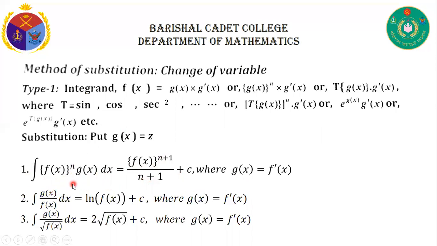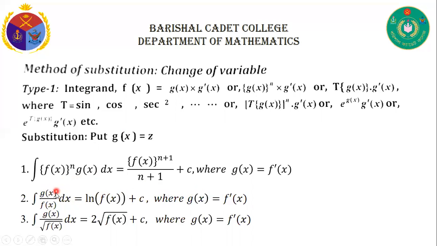And relatively the same formula: f prime x divided by f of x dx equals ln f of x. We know that integration of 1 by x dx equals ln x. So here it is the same, f prime x divided by f of x dx equals ln of f of x plus c.